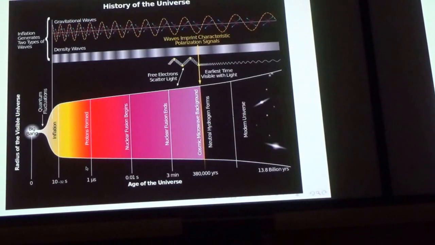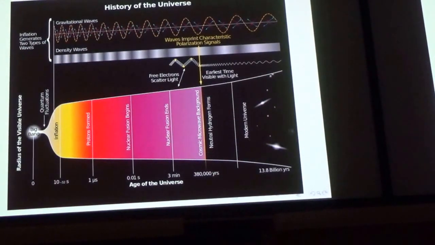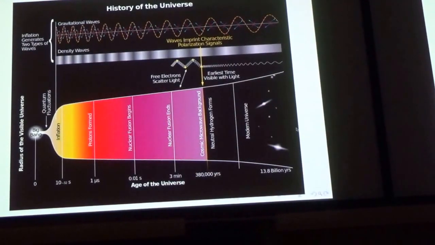It wasn't until a millionth of a second before protons were stable. After 100th of a second, protons and neutrons could form helium. After 3 minutes, you had formed already the hydrogen and helium and some of the light elements. 380,000 years, transparency, and then the modern universe.